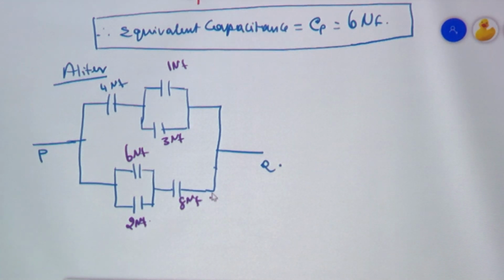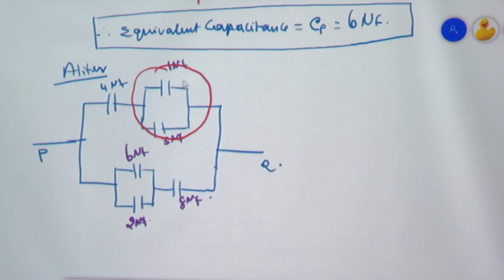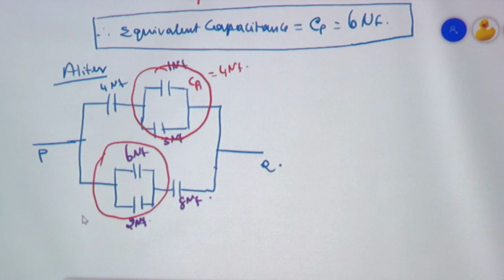You can directly simplify this using the ideas. See, on seeing the diagram, these 2 capacitors are in parallel. So let us write this as Cp1, which is equal to 3 plus 1, 4 microfarad. Then these 2 are in parallel again. So 6 plus 2, let us write Cp2, which is equal to 8 microfarad.